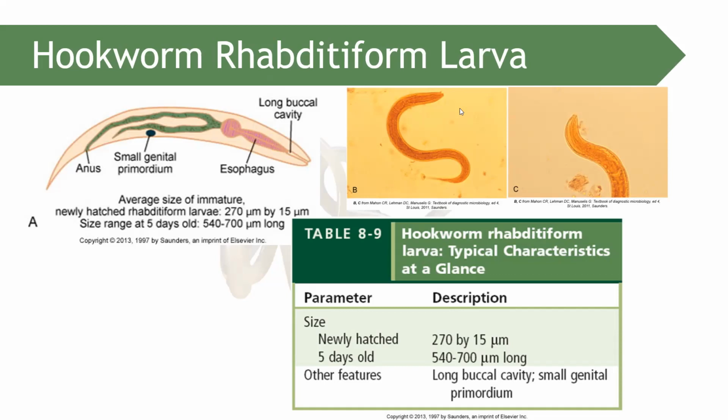If we are going to compare the Rhabditiform from Filariform, yung kanyang buccal cavity is long. Long buccal cavity of our Rhabditiform and small genital primordium.